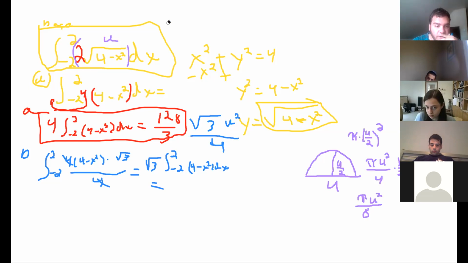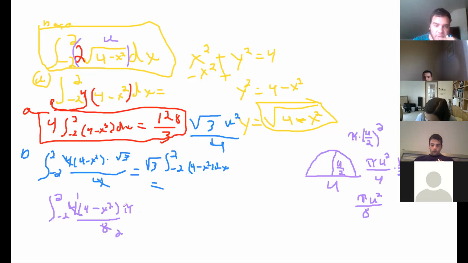So we're going to draw our integral again, -2 to 2. This is getting squared, so again, it's 4 times 4 minus x squared, times pi divided by 8. I reduce this 4 into a 1. I reduce this 8 to a 2.